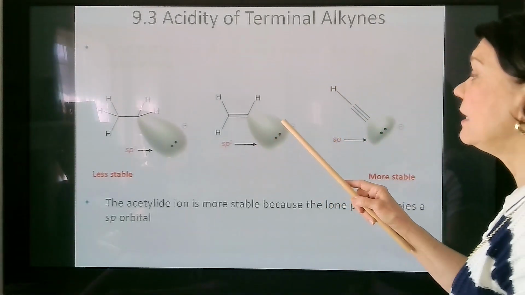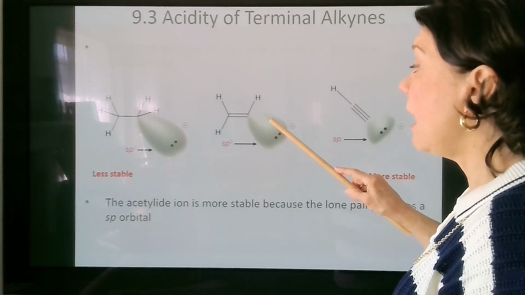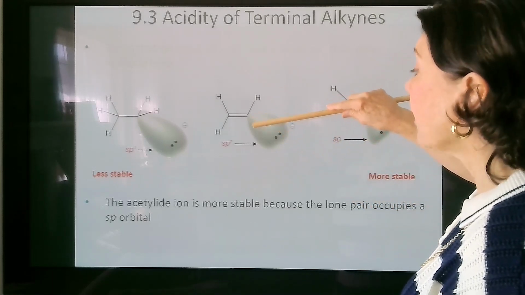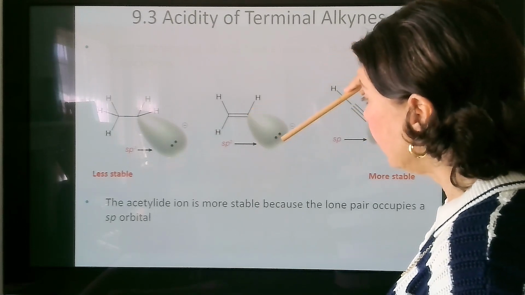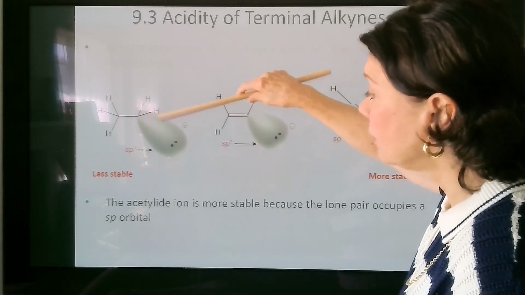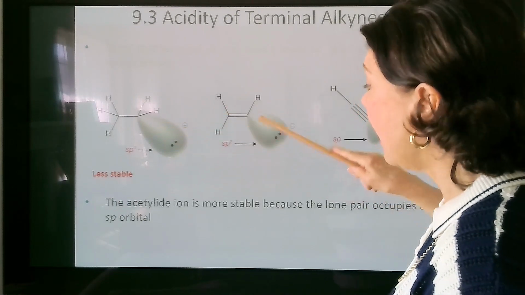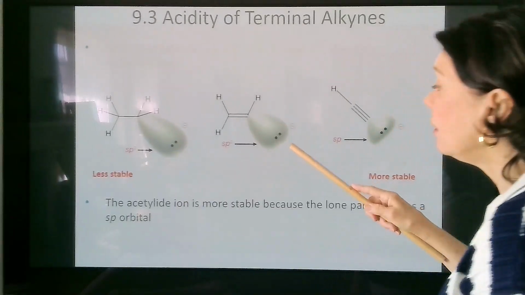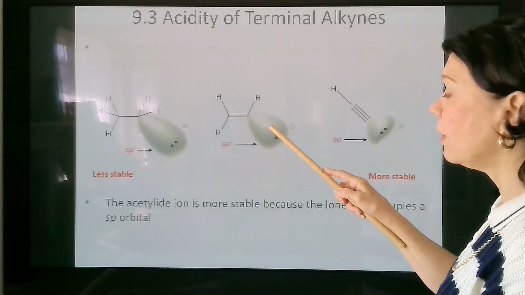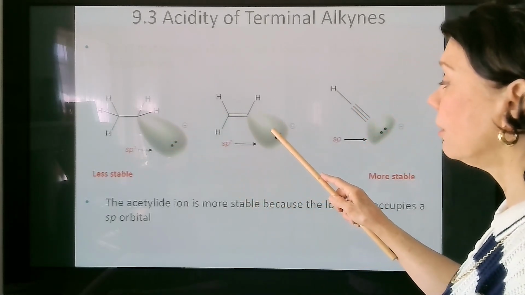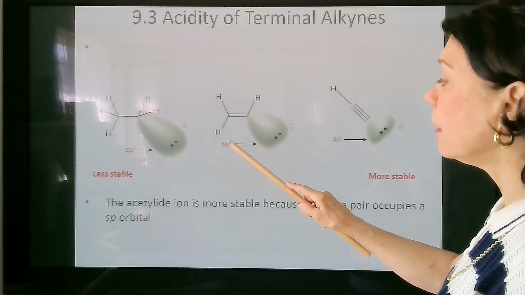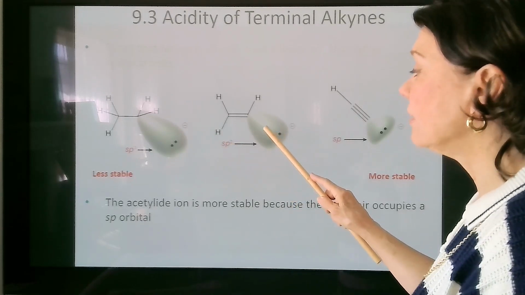Now look, this is the vinyl anion, and you can see that it is shorter, it lies closer in. This one is thinner and lying farther out. This one is more round. This is an sp2 hybridized orbital. This is sp3. This has more s character. This is 1/3 s character.